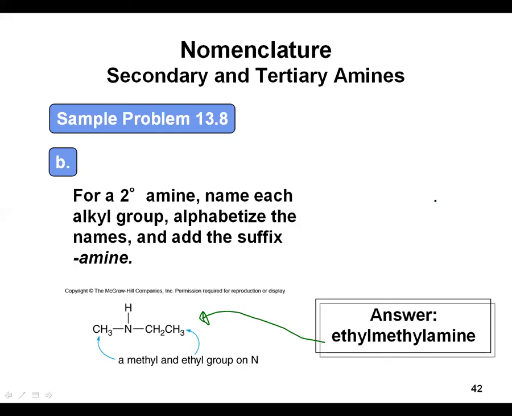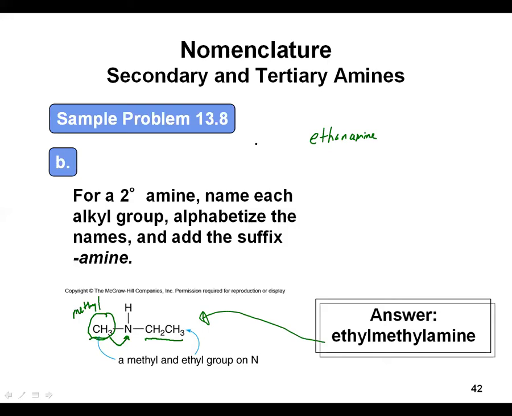In this particular case, another way that sometimes these guys are named is, if you look here, this is the longest carbon chain on either side of the nitrogen, and that's 2 carbons, which is based off of ethane. And again, you would drop the E and put ethane amine. Now, the other group is a methyl group here. That's a smaller group. And this is attached here now, not to a carbon like a normal group, but is actually attached to the nitrogen.